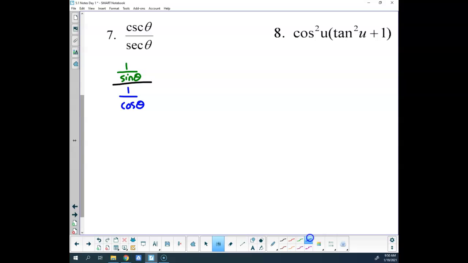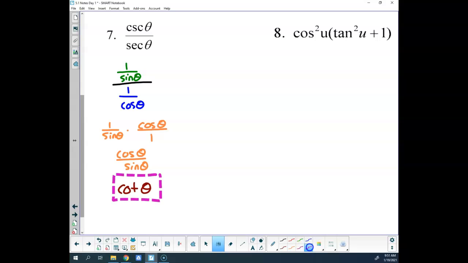So when we multiply or divide fractions, we flip the second one and multiply. Then that becomes cosine over sine. And cosine over sine is cotangent. Yes? Love it.